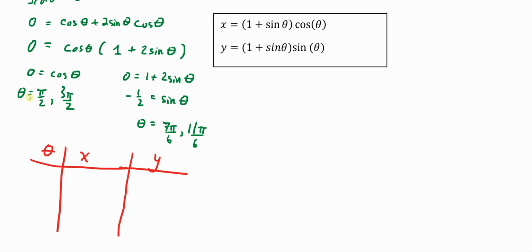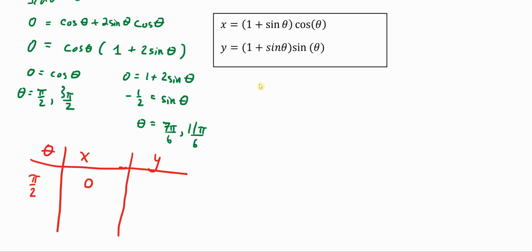So the first thing here, when theta is equal to pi over 2, so that means I plug pi over 2 into here, right? Now, when theta is equal to pi over 2, x is going to be equal to cosine of pi over 2, which is 0. So that's just going to wipe the whole thing out. So that's easy enough.